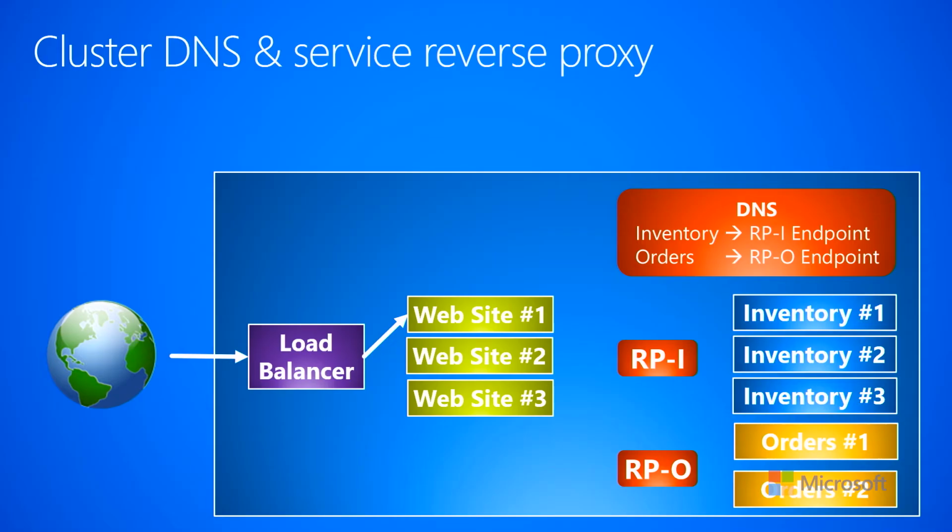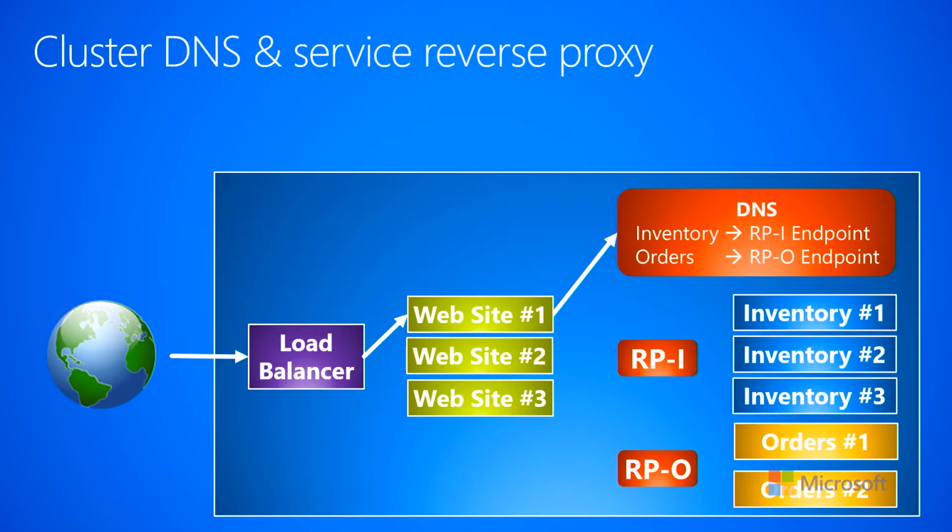Now, website number 1 wants to go and talk to the inventory service. But there's 3 instances of the inventory service. So it needs to know the address of the inventory service, and then it needs to go and talk to one of those. So if this is the first time we're talking to the inventory service, the website is probably going to talk to a domain name service that's also running within the cluster.